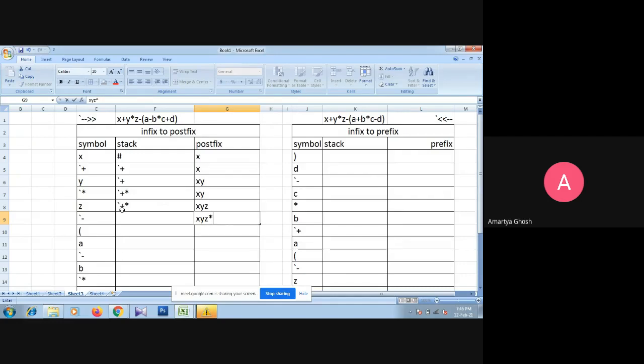So again the same situation, because plus, that is addition, is higher priority than the subtraction. So plus also comes up, or pops out from the stack, and sits here at the post position. Only minus will remain in the stack.